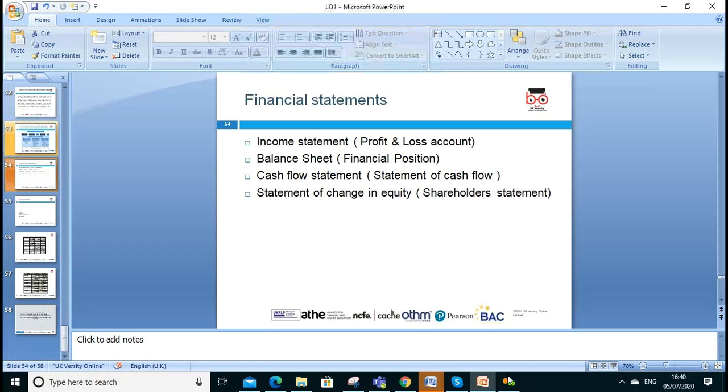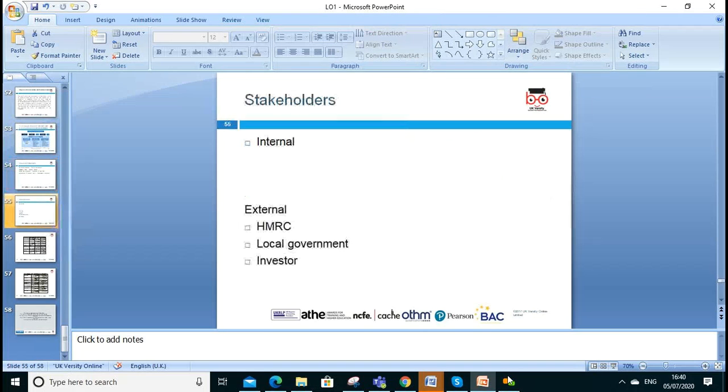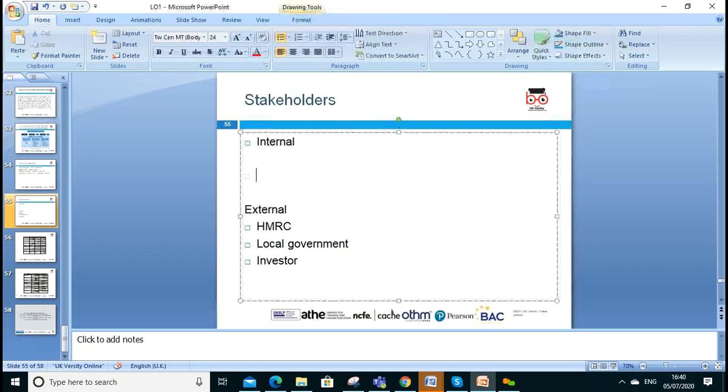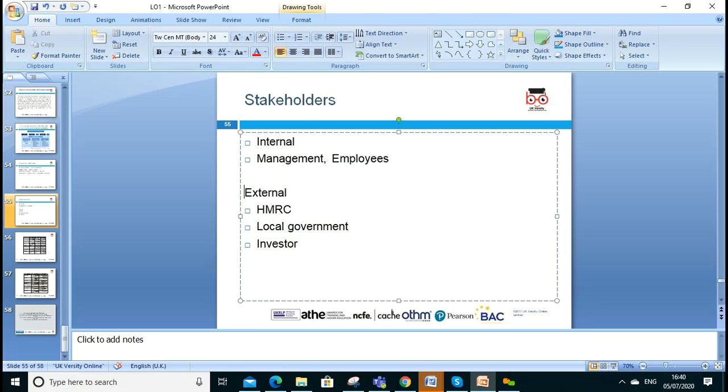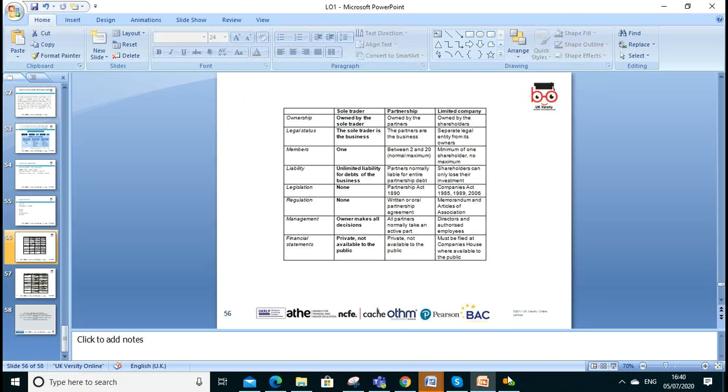We look at the financial statements, which provide the financial information. Internal stakeholders, what are those? Do we know the internal ones? Management, staff, employees, yes, these are the key ones. External can be anybody else: HMRC, customers, governments. They all need information and they make decisions.